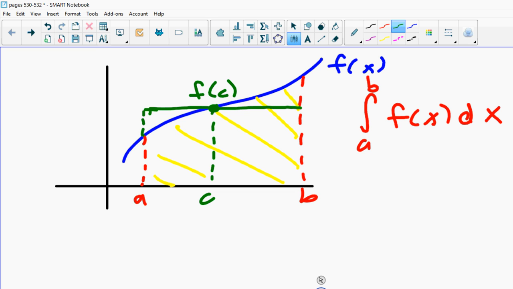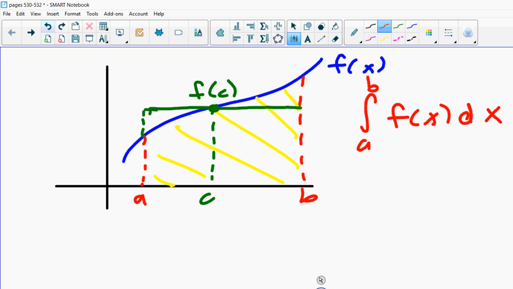I would contend to you that there is a rectangle in there somewhere whose area is the same as the area under that curve. You might be able to envision it, even though this is freehand. Can you envision that this little piece and this little piece are kind of similar? I'm going to take that out because I don't want that to confuse you. But there is some rectangle whose area is the same as the area under that curve.